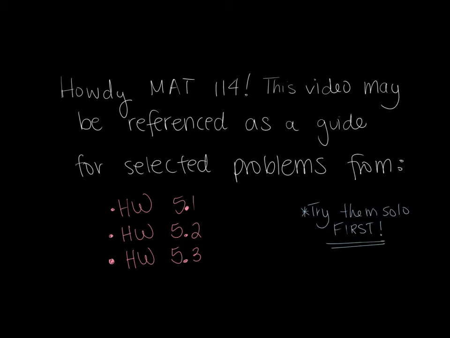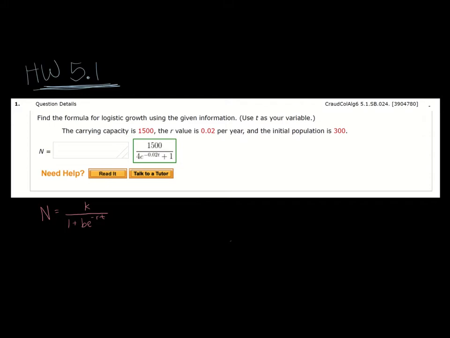We're going to be talking about logistic functions and power functions. So stay tuned. When I first read this problem, I felt like it was pretty straightforward once you understand the format of the formula for logistic growth.